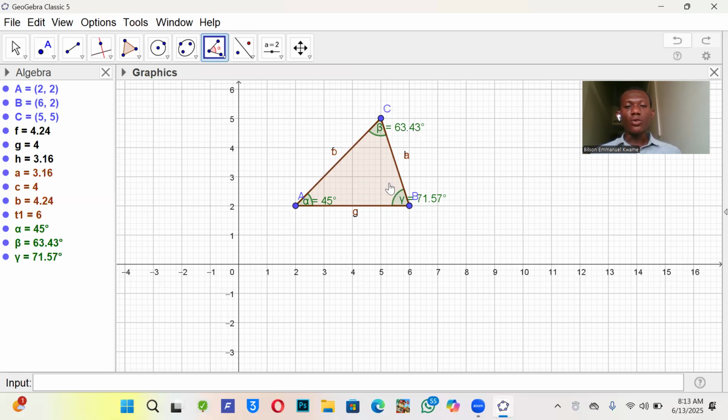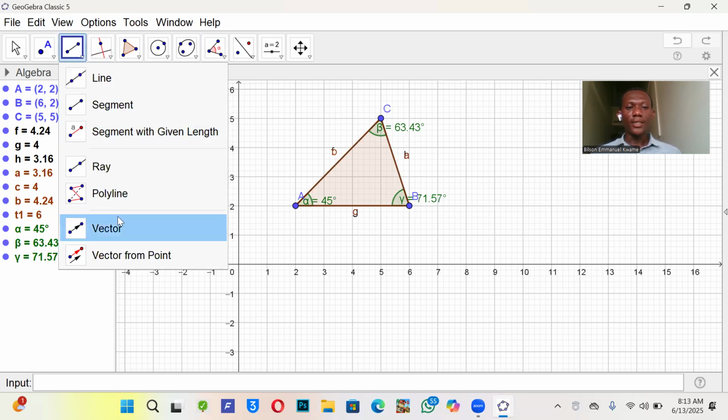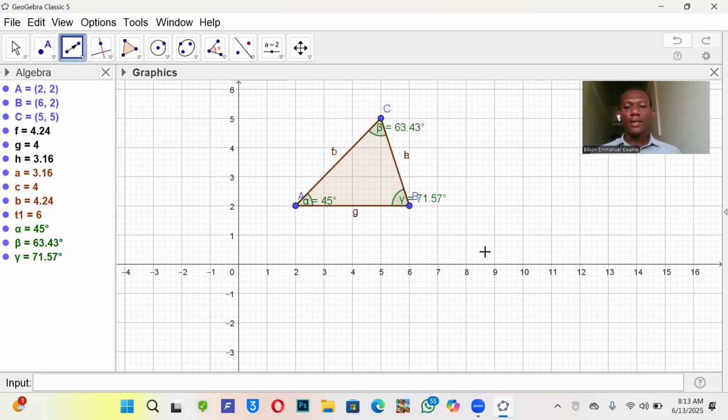The first method of cloning a triangle is by using a vector. We come here and select our vector tool. After selecting it, you point to any part of your graphics view, then tap, stretch, and tap. We've created a vector, that is the vector u.